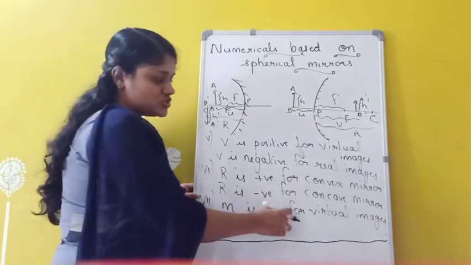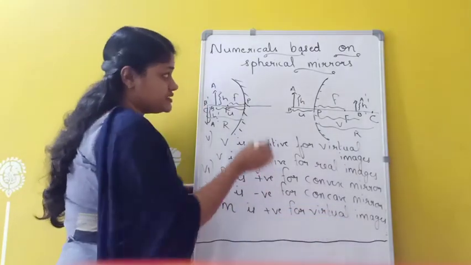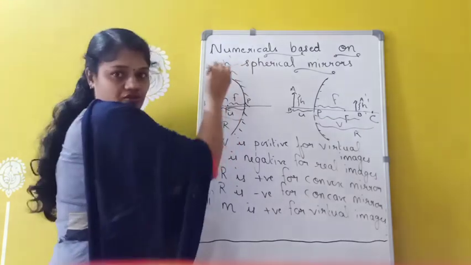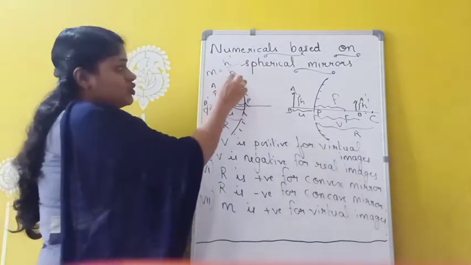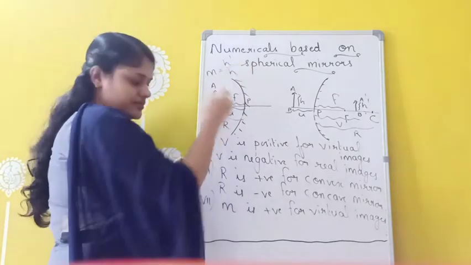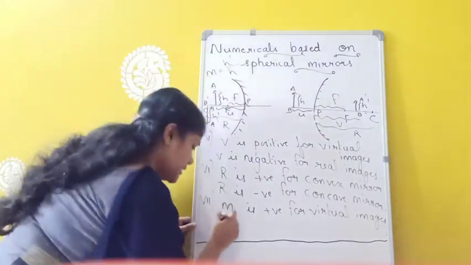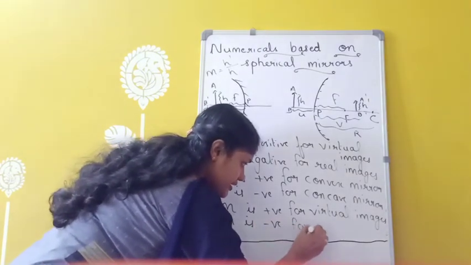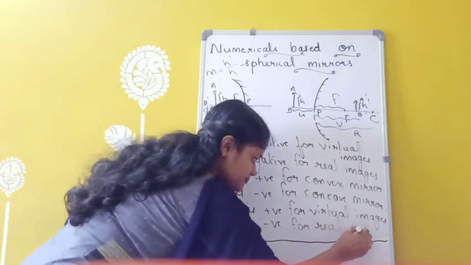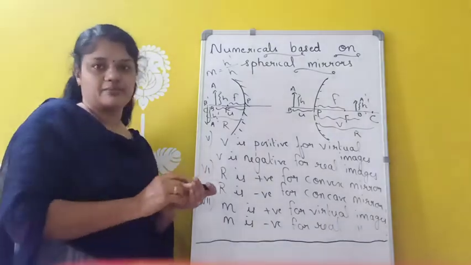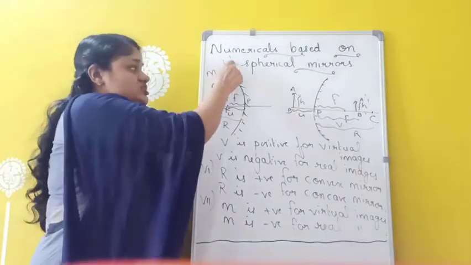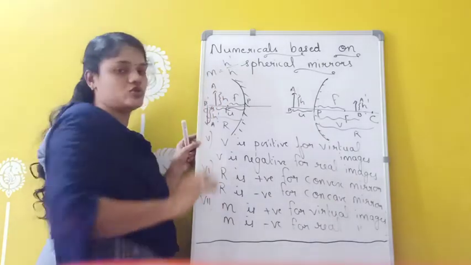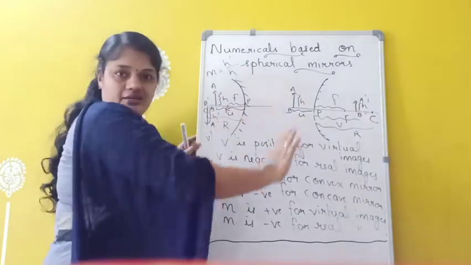So the virtual image magnification formula is M equals H dash by H. In the case of virtual image, both H and H dash are positive, so M is also positive. Then M is negative for real images, because in the case of real image, H dash is negative as it is coming below the principal axis. So M is also negative. So this much about the sign convention.